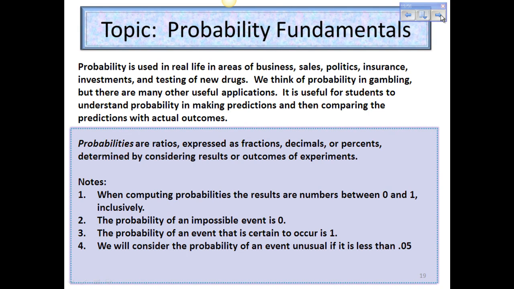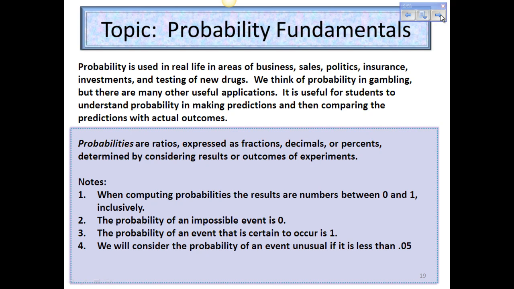The probability of an impossible event is 0. The probability of an event that is certain to occur is 1. And we will consider the probability of an event unusual if it is less than 0.05.